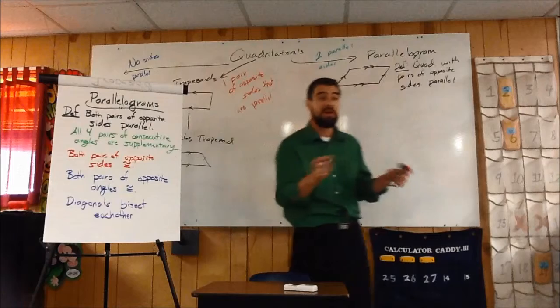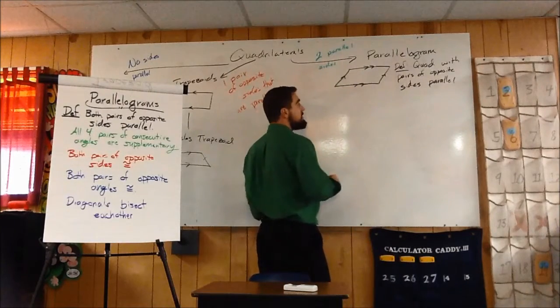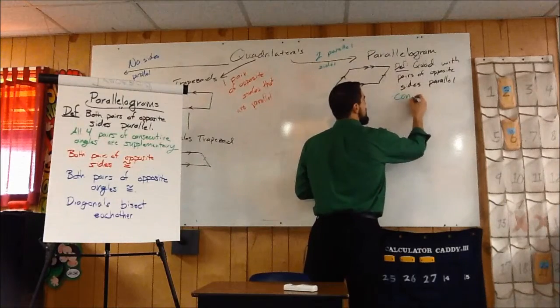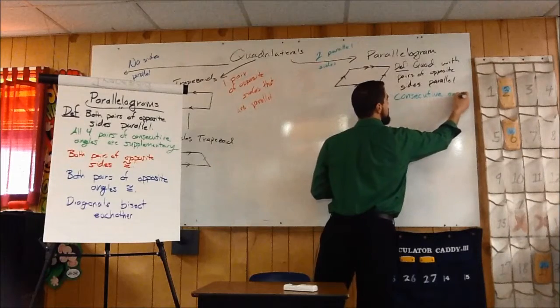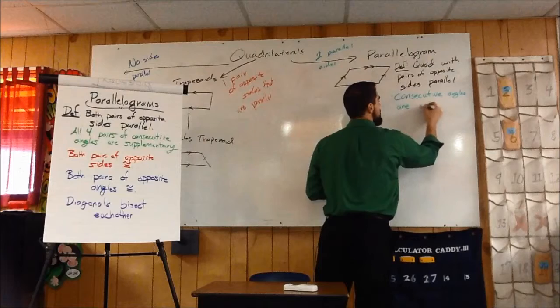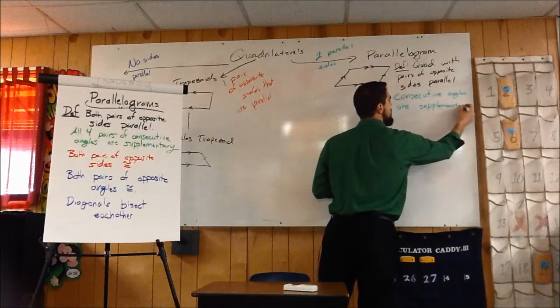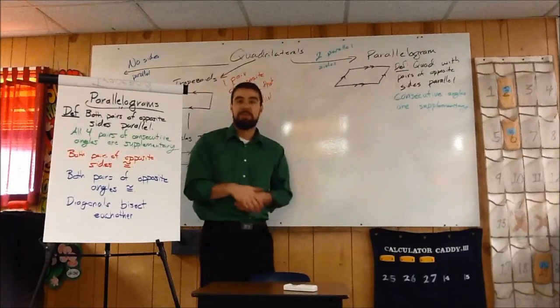So consecutive angles are supplementary. You should be able to identify what your consecutive angles are. We'll do this in a different color just so we know what's going on. Consecutive angles are supplementary. What does supplementary mean? Add up to be 180.